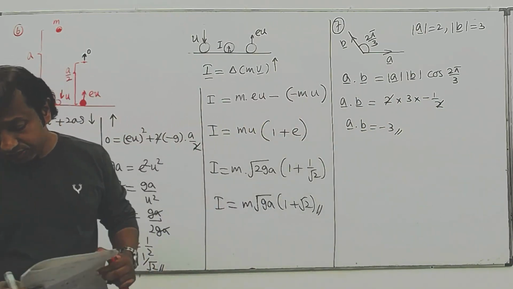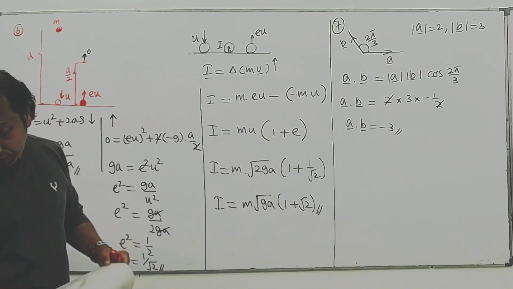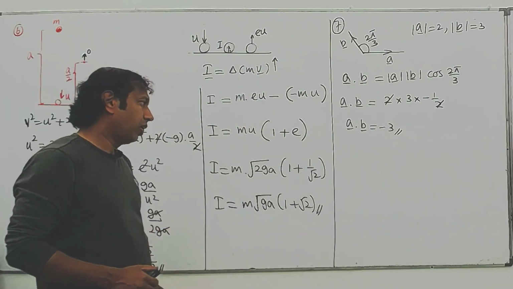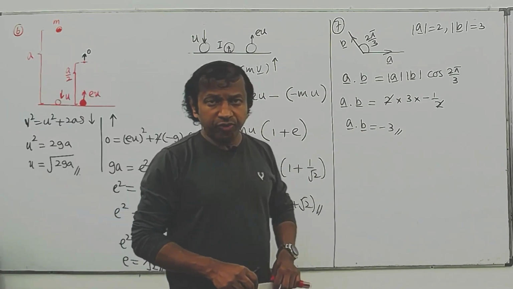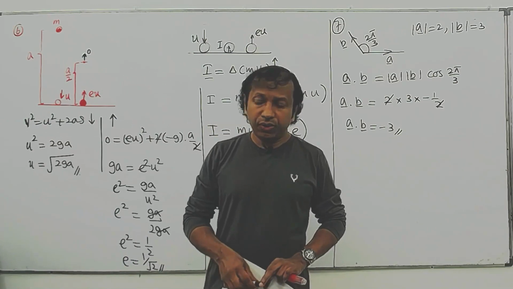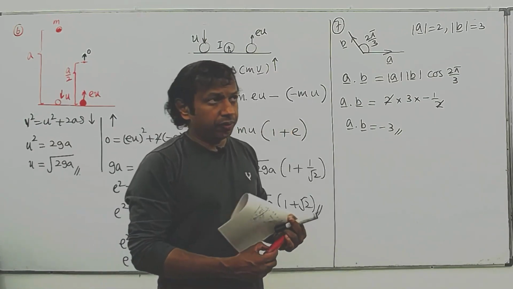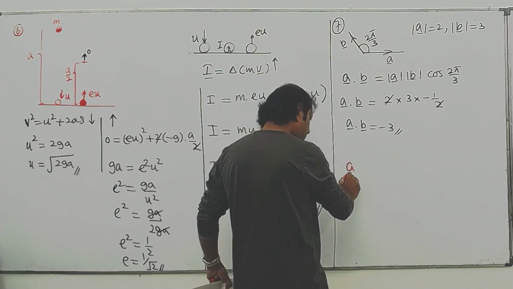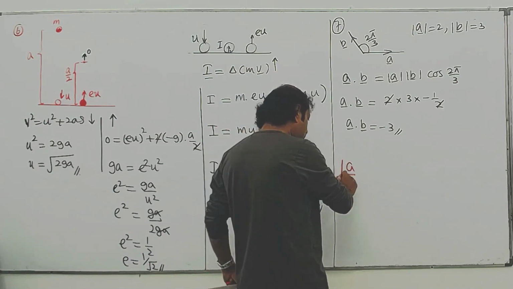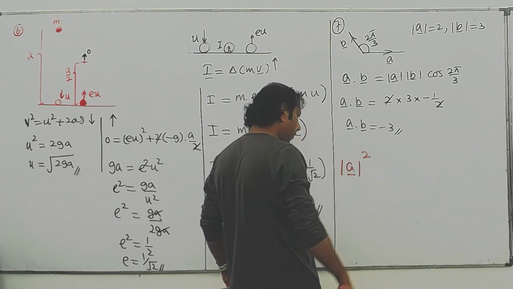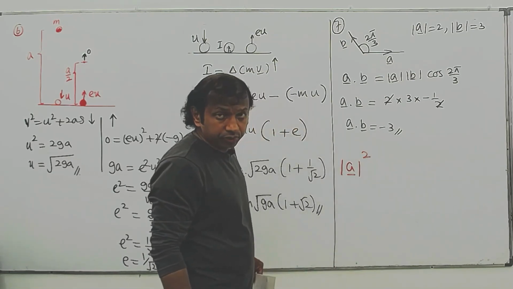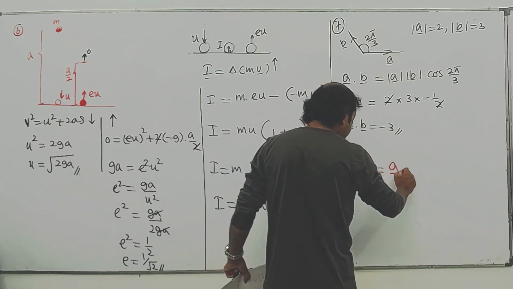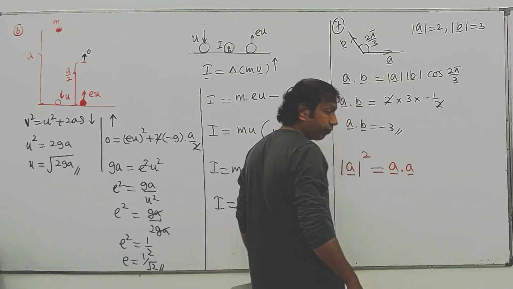What is it asking, people? Asking to find mod of A plus 2B. People, in this vector dot product, we learned the modulus perfect squared. Suppose vector A, its modulus perfect squared we can take as A dot A. Can you remember this theory?